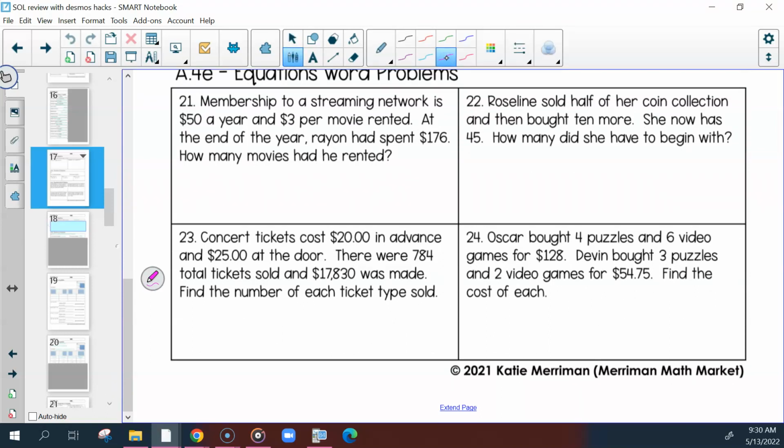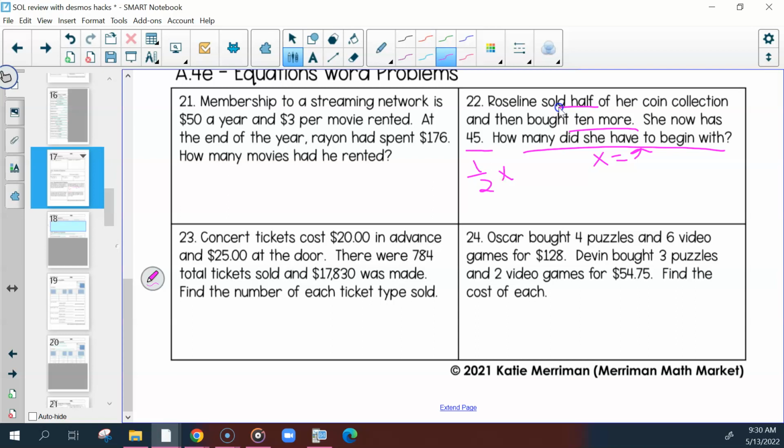So for 22, Rosalind sold half of her coin collection and then she bought 10 more. She now has 45. How many did she have to begin with? How many she had to begin with would be our variable. She sold half of that, so that'd be 1/2 x.